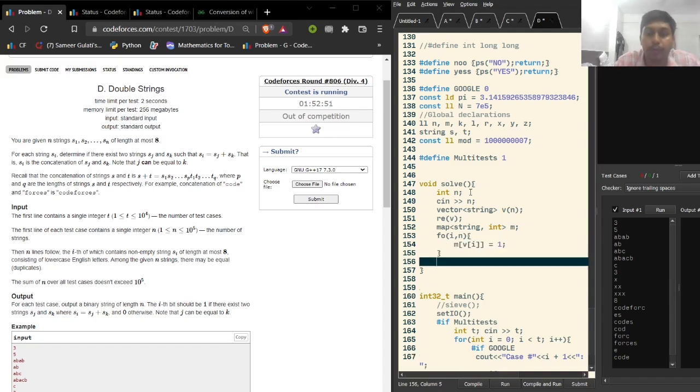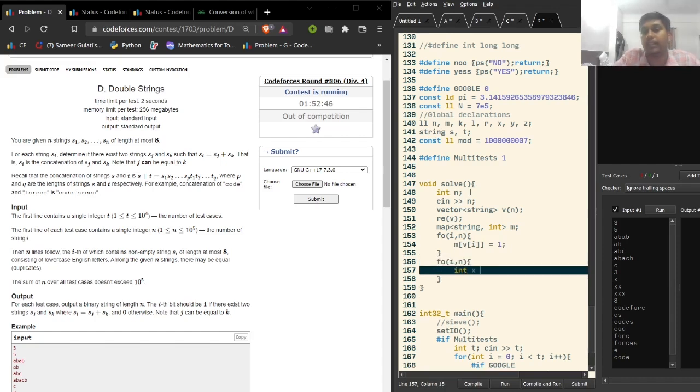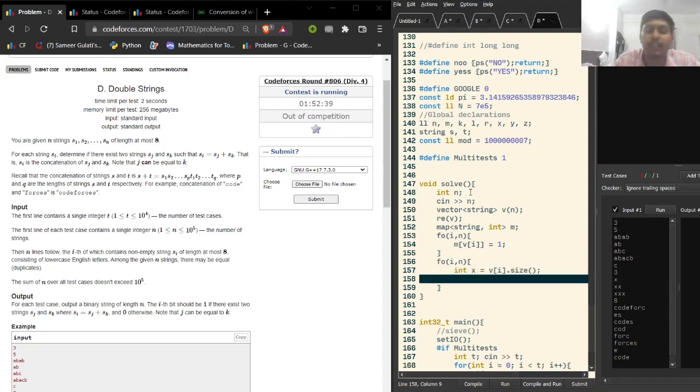Okay, so what we want to do is go through each of the strings. Then let's say n is equal to their size, V of i dot size. It's at most 8. So what we can do is iterate from size equal to 1 and go up to size equal to n minus 1 and just check if that size is fine.